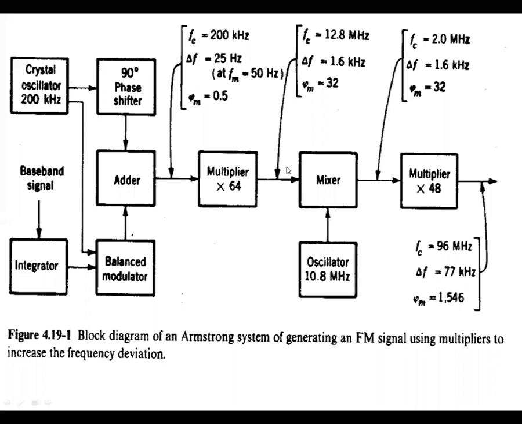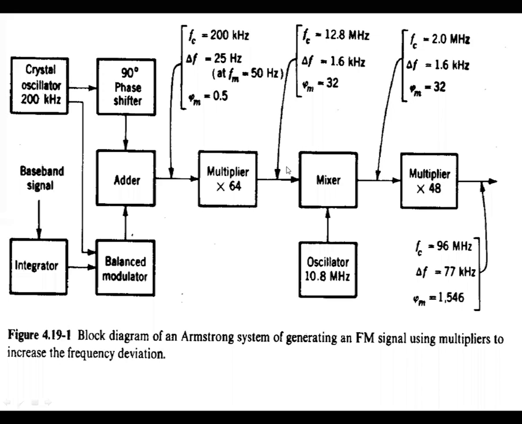So what is this FC value now? Before, FC is equal to 200K. 200K multiplied with 64, that is the multiplication factor here. 200K into 64, what is the value? 12.8 megahertz.